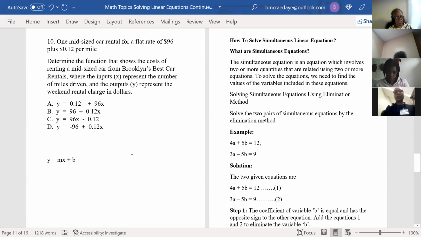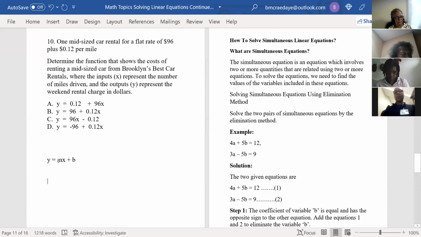The coefficient of the X is the slope. And you just told me the slope was 0.12. Coefficient means the number in front of the X. So it has to be C. What is the slope? 0.12. So that's your M. That has to be the number in front of the X. So which answer is it then?